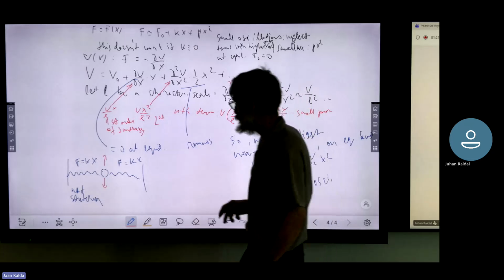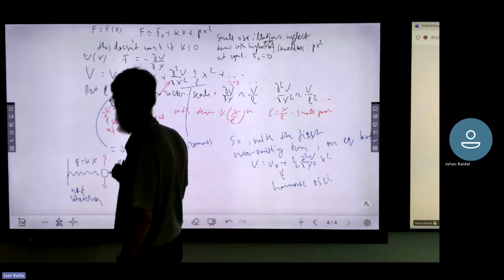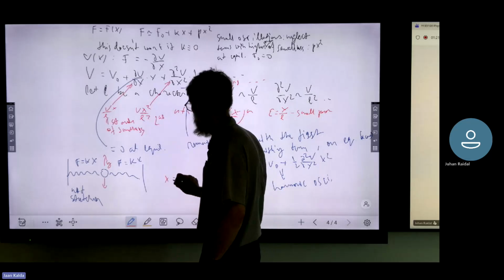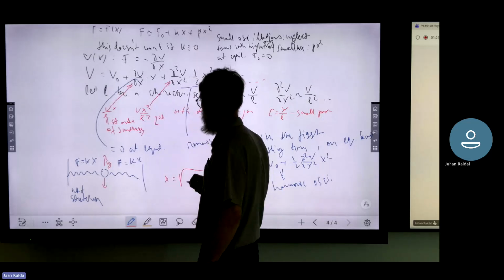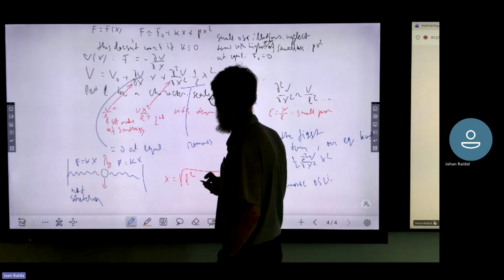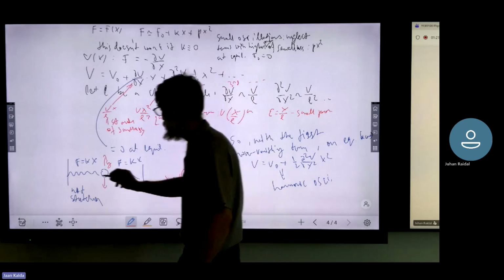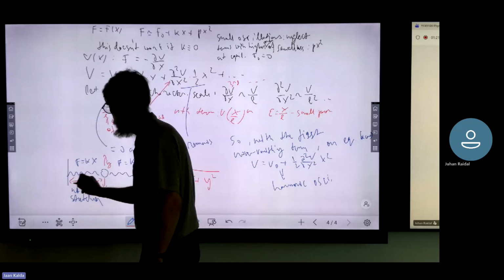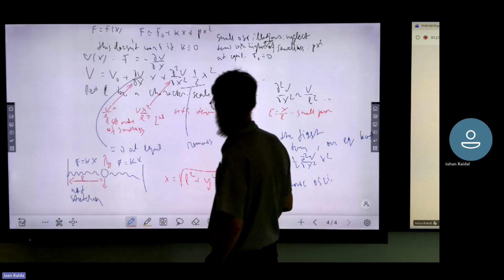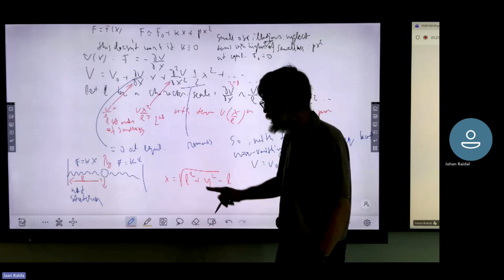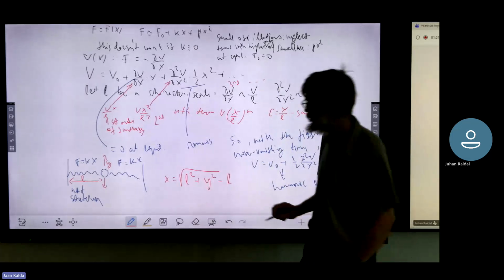If you had a small displacement here like y, right? Then x equals square root of L squared plus y squared minus L. L is the non-stretched length of the spring. A normal length was L, and now it is square root of L squared plus y squared.